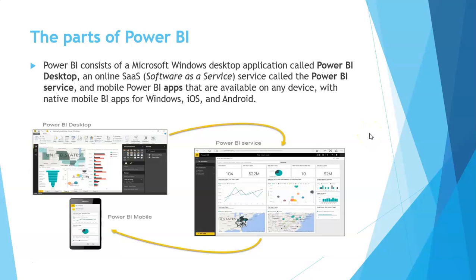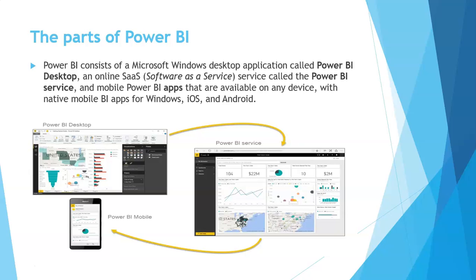We have three main parts of Power BI. Power BI consists of a Microsoft Windows desktop application, which is called Power BI Desktop. First, once you have decided what data source you are going to use for your analysis, that will be connected with your Power BI Desktop.